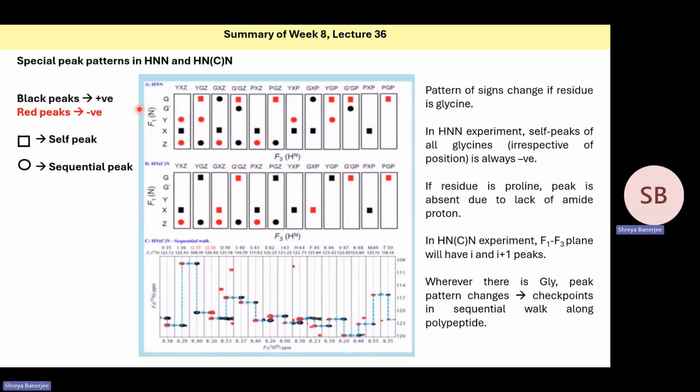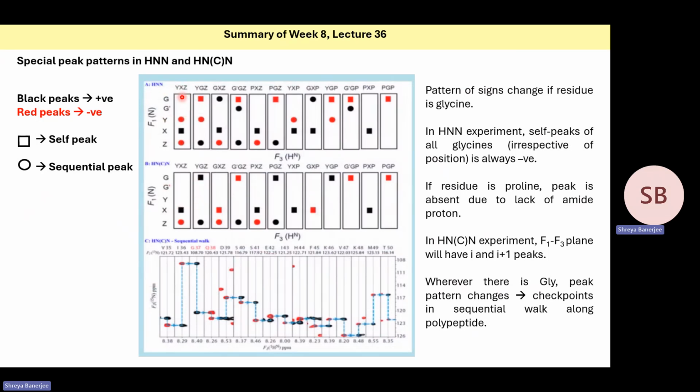Now, we have talked about the HNN and HNCN experiment. One thing to note is that here the above line is all HNN, and the below line is all HNCN.